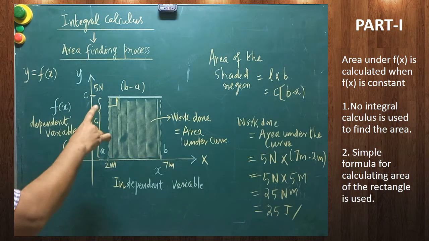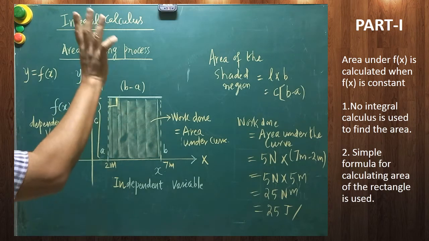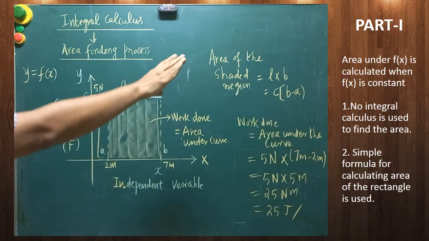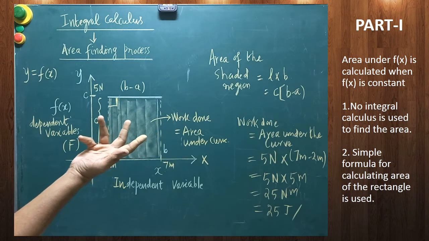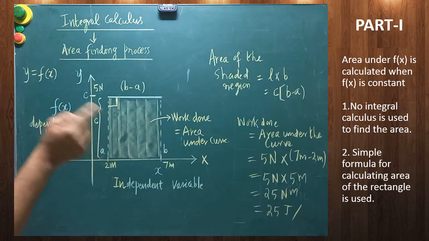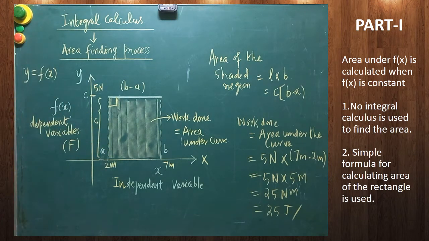If the shape of the graph is irregular, we can't use any formula. There is no specific formula to calculate the area of irregular shaped structures. Then we ought to use a new technique called integral calculus.